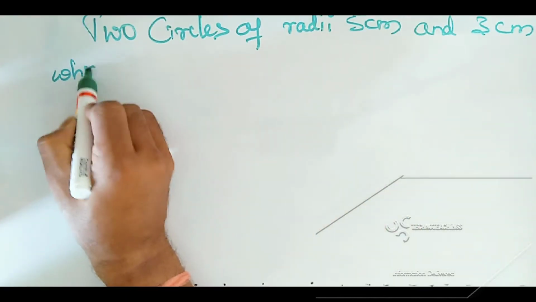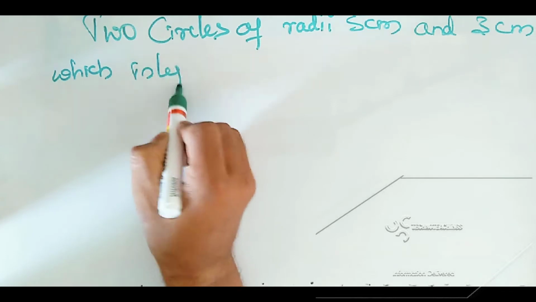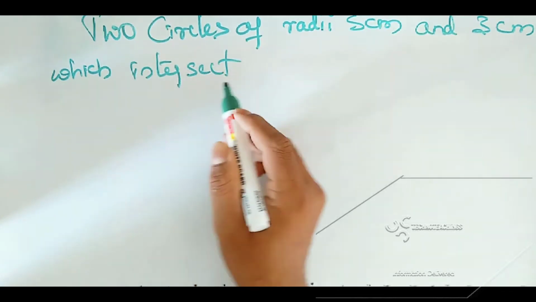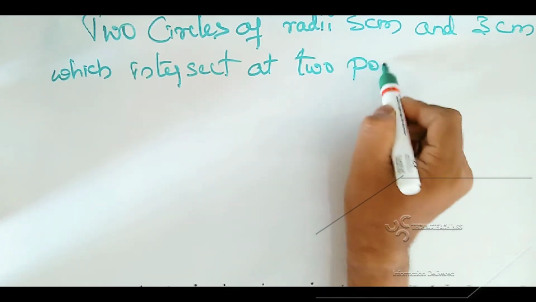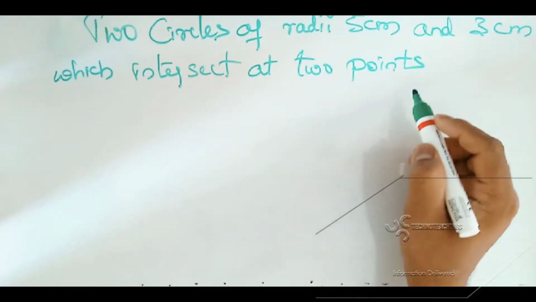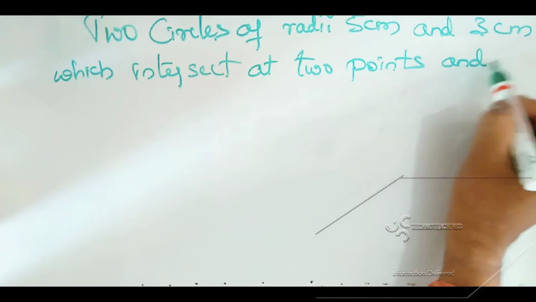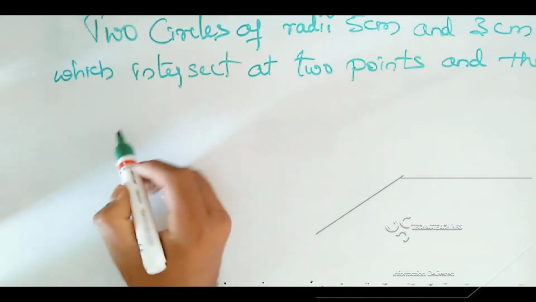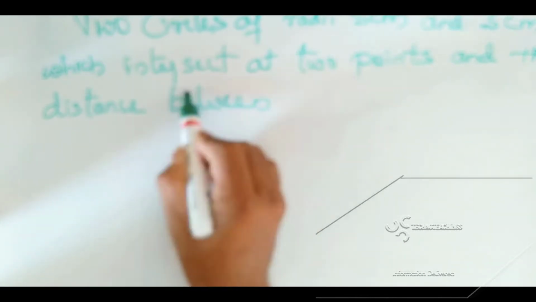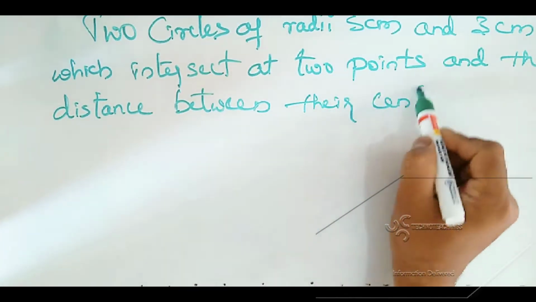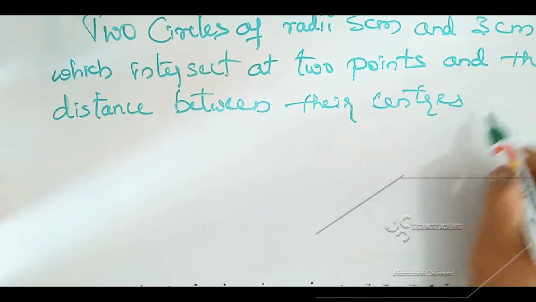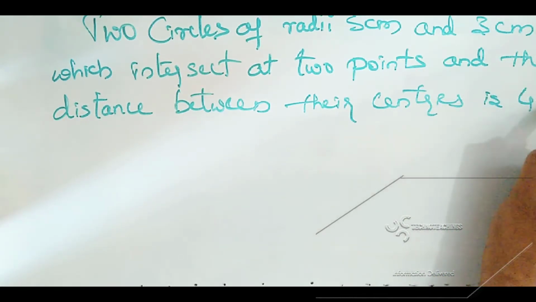which intersect at 2 points and the distance between their centers is 4 centimeter.